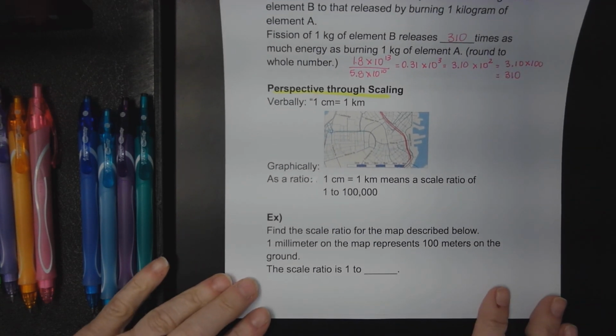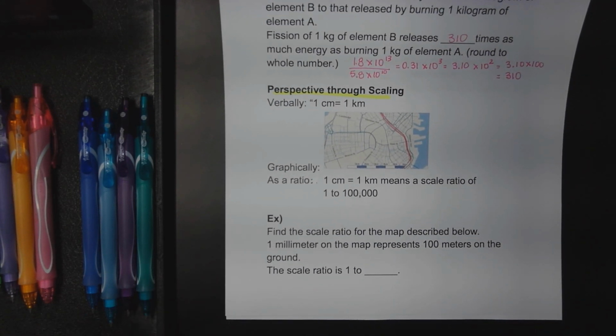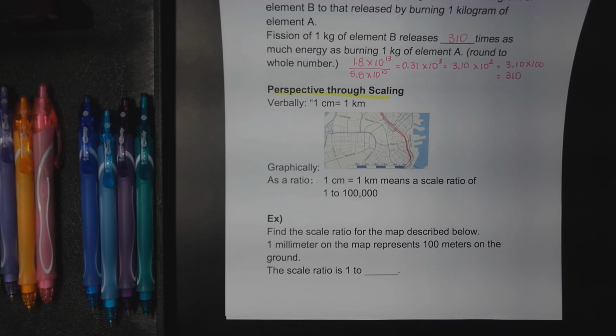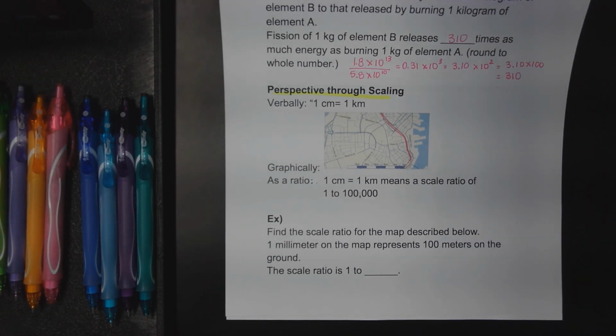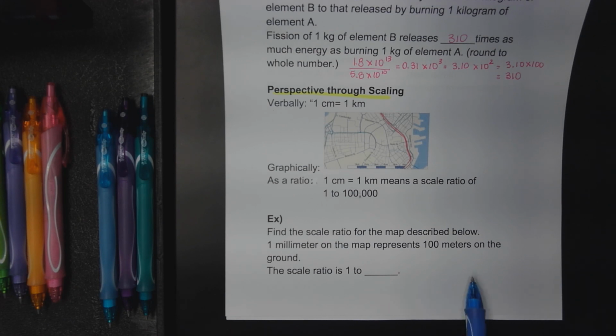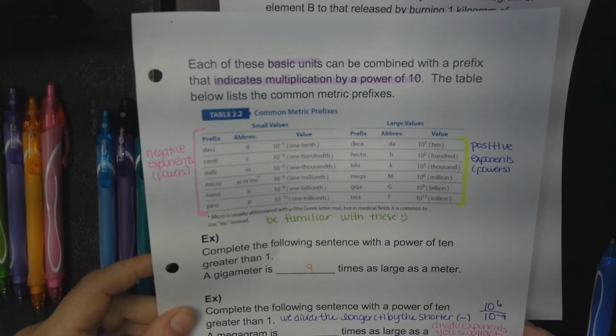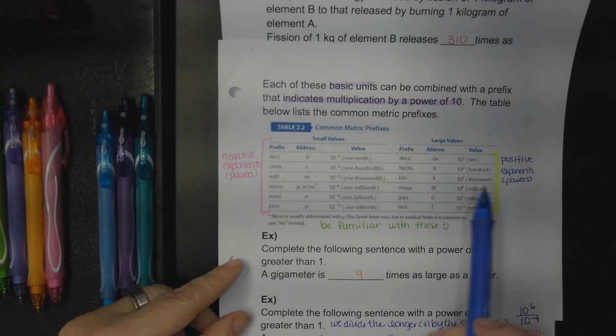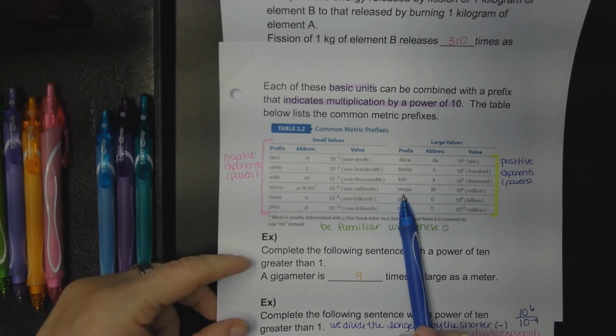So we're going to find the scale ratio for the map described below. We have 1 millimeter on the map represents 100 meters on the ground. Okay, so the easiest way for me to show you how to do this is the way I do it anyway. So we're dealing with meters, so I'm going to use this little table from the other day's notes.